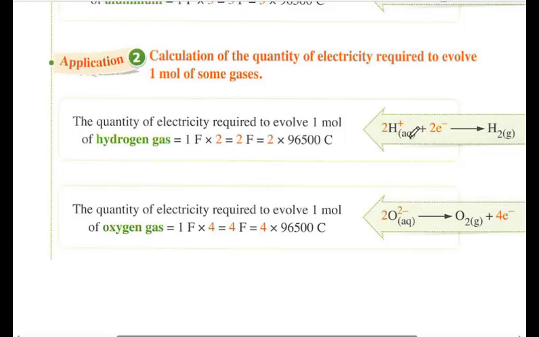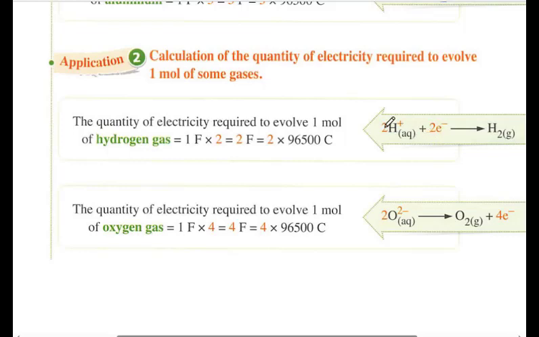There are gases with tetraatomic molecules, octaatomic molecules. So we have to know how many moles of electrons 1 mole of gas requires.